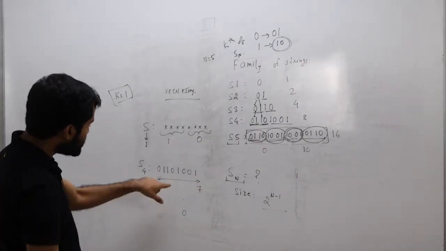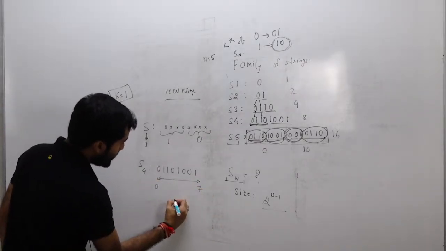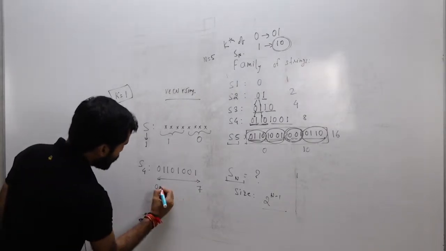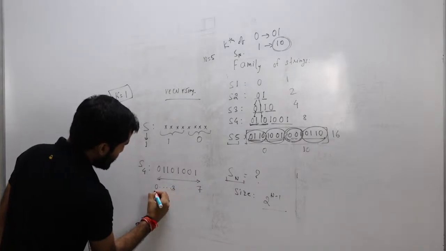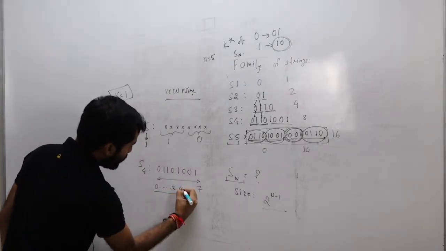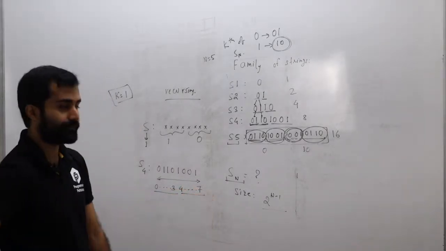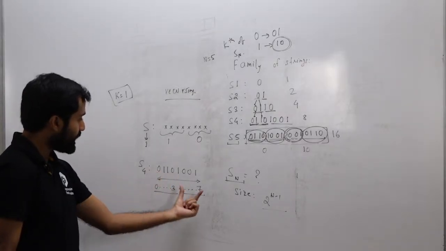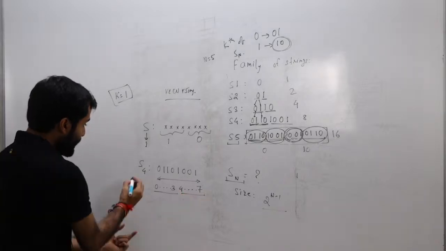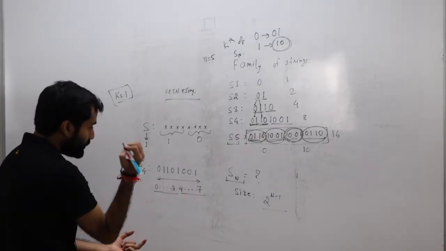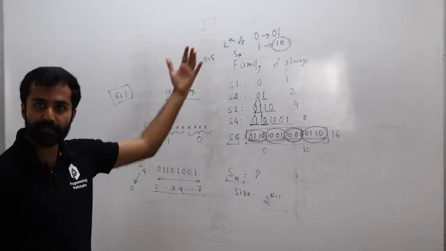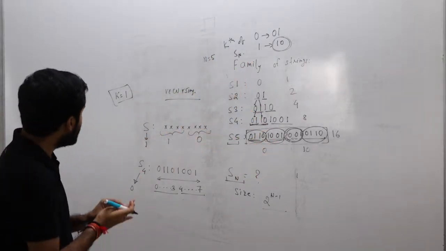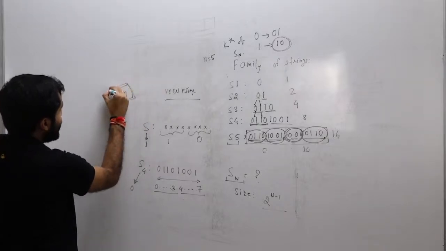Let us figure out the middle index. Middle index is 3. So from 0 to 3 is the left half and from 4 to 7 is the right half, correct? And we all know that this entire string is a representation of 0. In fact, every final string is a representation of 0. Now, where should this index lie?